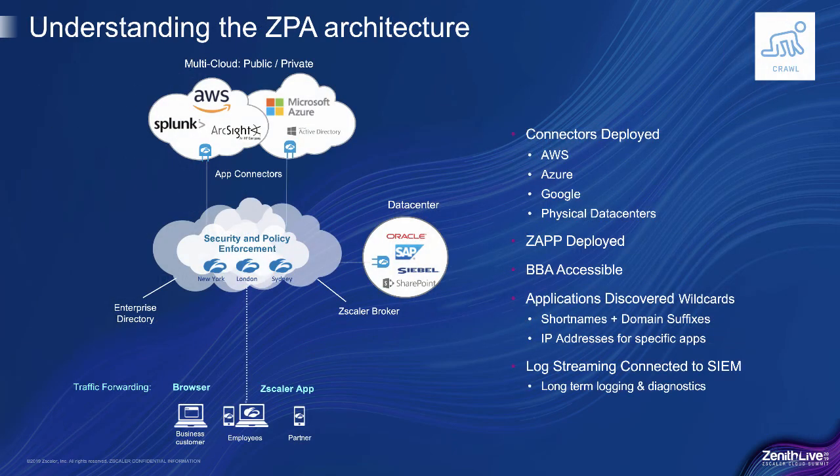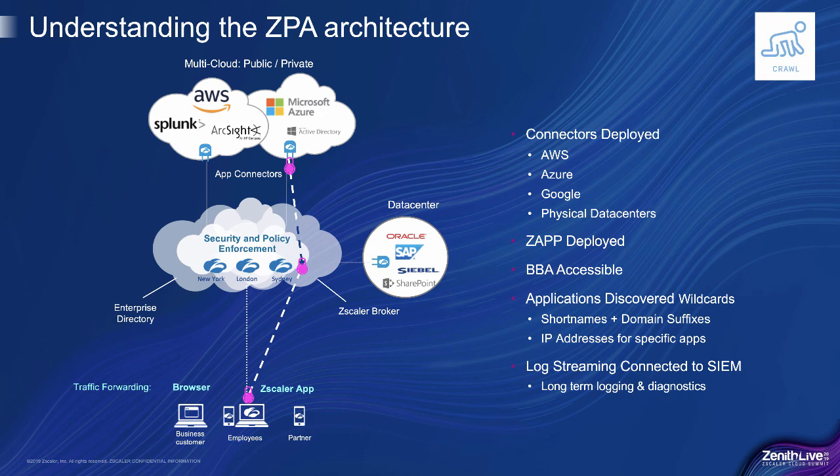So maybe it's worth just having a reiteration of the Zscaler Private Access architecture. The Zscaler Private Access architecture is an inside-out connectivity, meaning the connectors, both in AWS and Azure, connect outbound to the Zscaler cloud. My physical data center connects outbound to the Zscaler cloud to the broker.